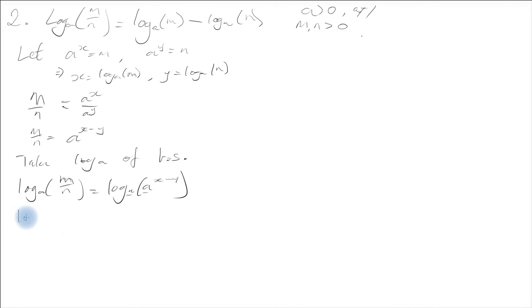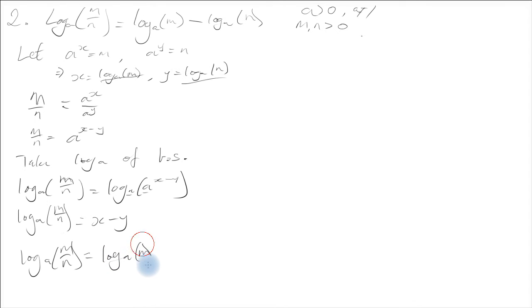So because they undo each other, it just becomes the x minus y, just the exponent there. Now instead of writing x, I'm going to write log a of m, instead of writing y, log a of n. So log a of m over n equals log a of m minus log a of n. And that proof, once again, is done.